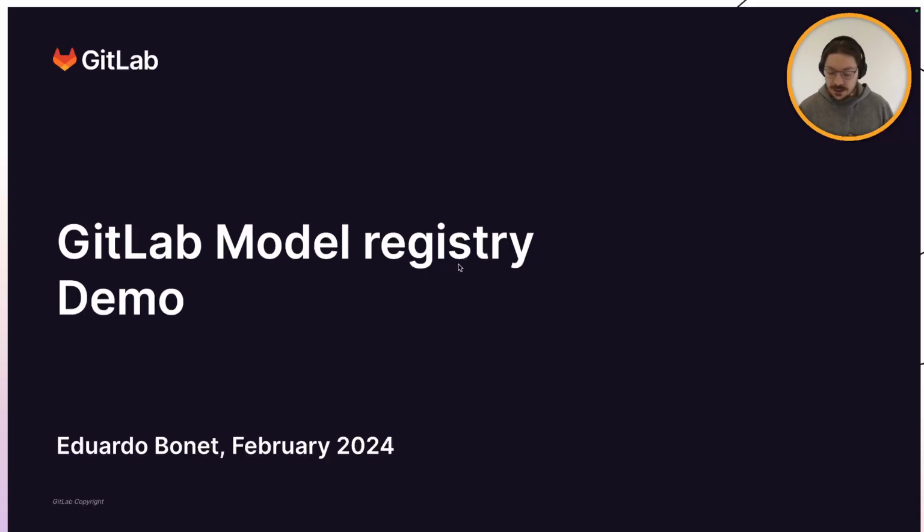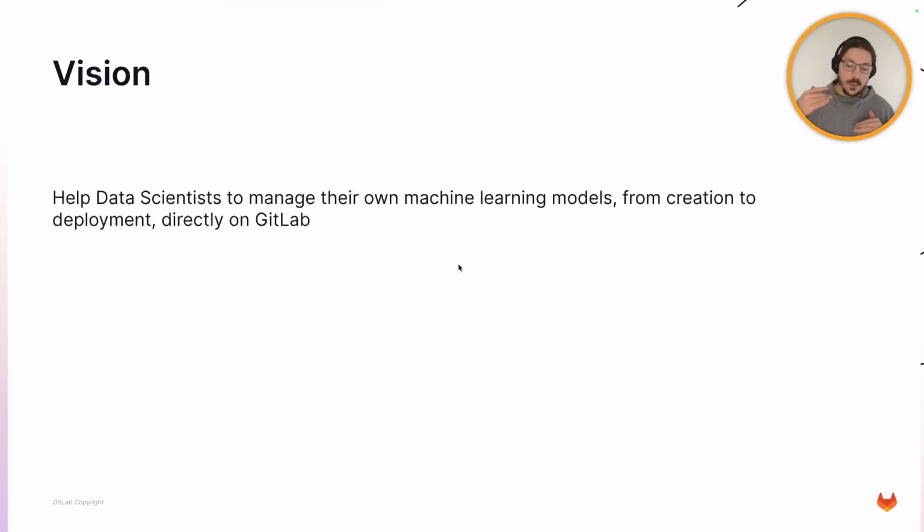Just to kickstart, what is the vision? Where do we want to get with this whole thing that we are working on? My main goal is to make GitLab a tool that helps data scientists manage their own machine learning models, from creation of the model until the deployment, until monitoring.